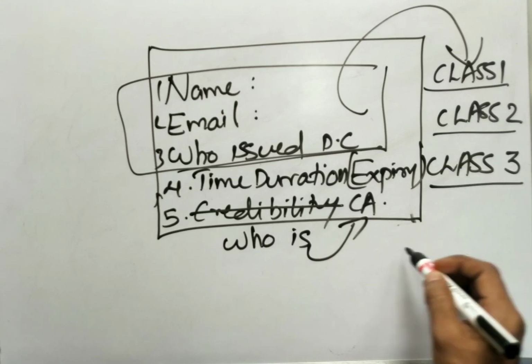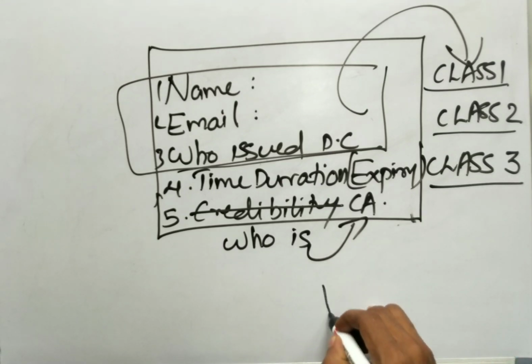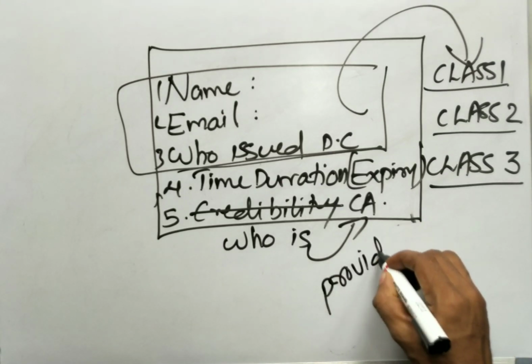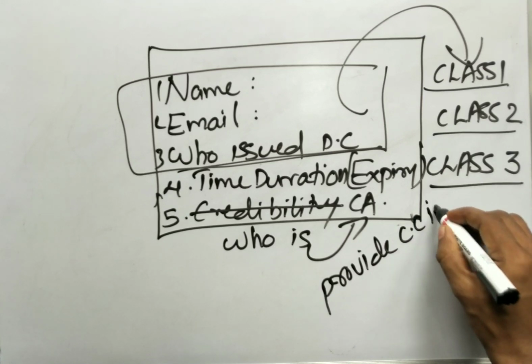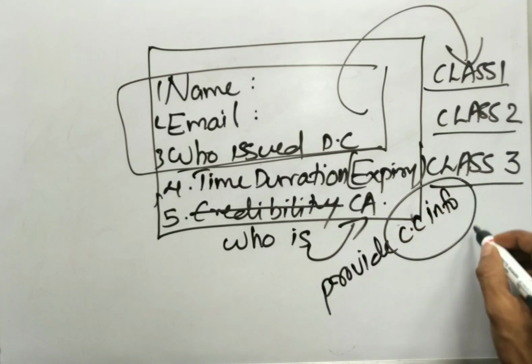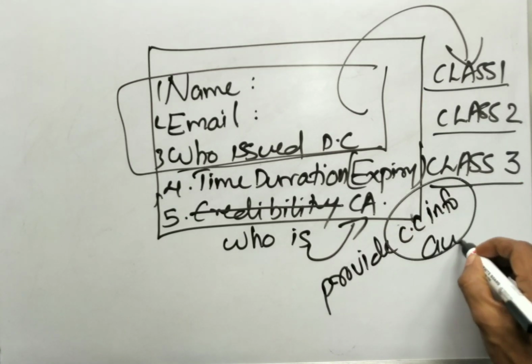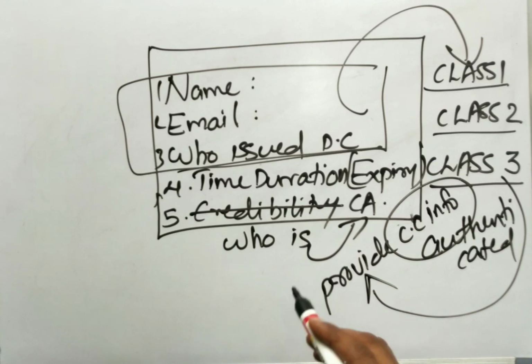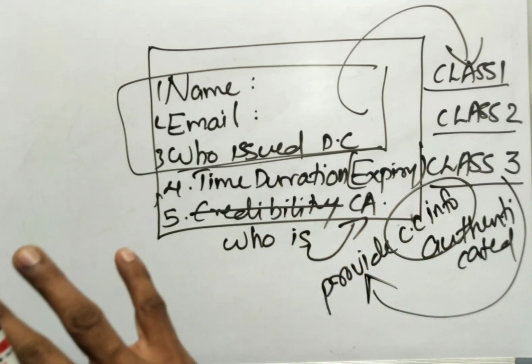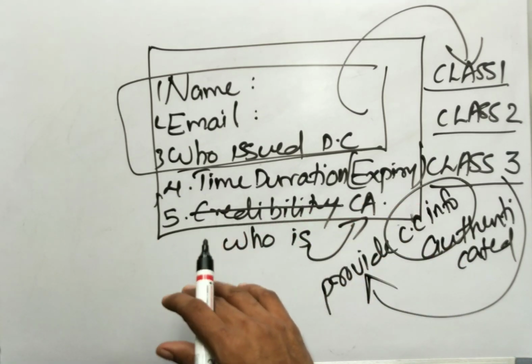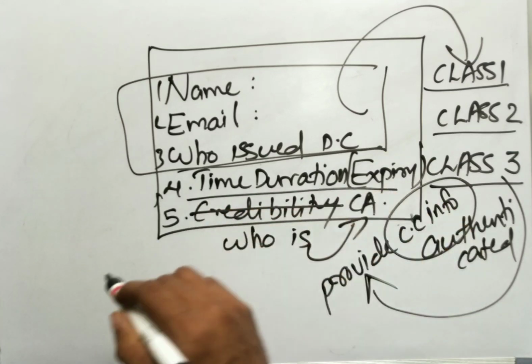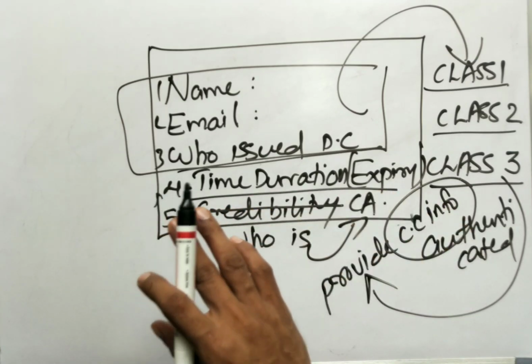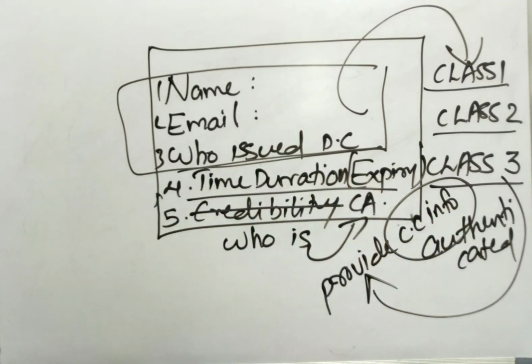Okay, and in class 3 you have to even provide your credit card information, and even that credit card information will be authenticated before issuing the class 3. So that is the significance. Class 3 is a more secured digital certificate. And also this is important, a time duration will be there for each individual digital certificate. So that is the closing note.